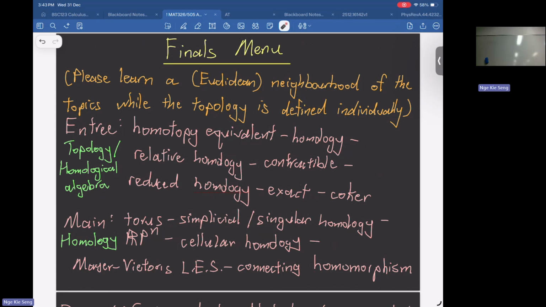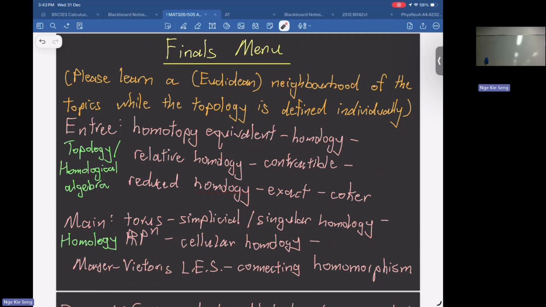So the first part is dealing with topology and homological algebra. I think this is the most true question. So about homotopy equivalence, homology, how they're related, relative homology, how these relate to contractible, and then reduced homology, exactness, and equivalence. So maybe you might think of it in sequence.